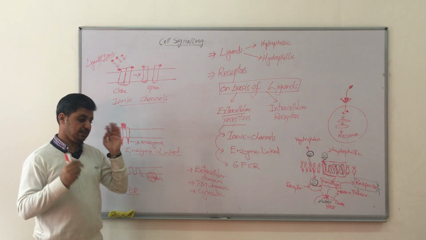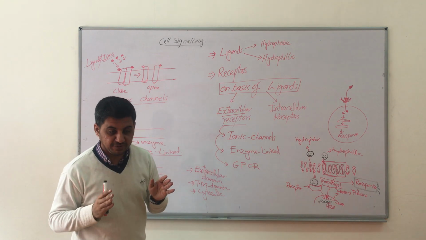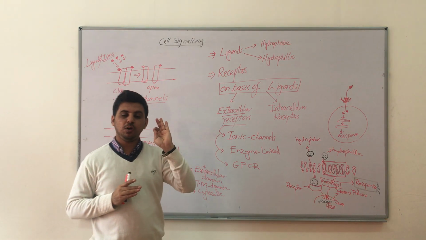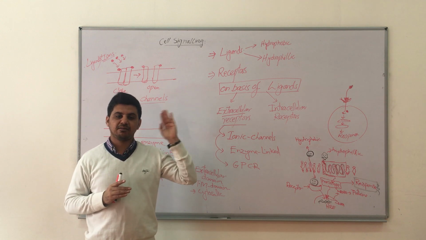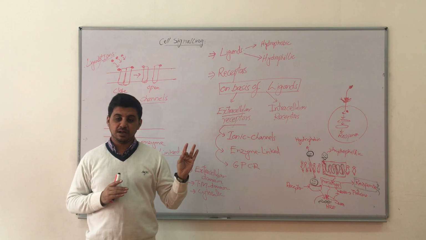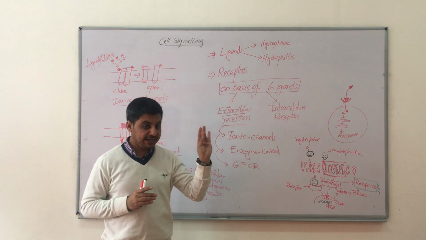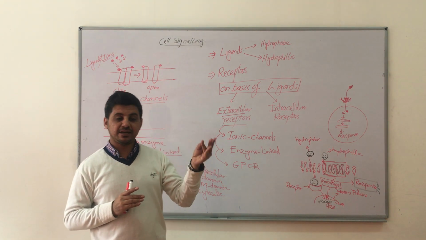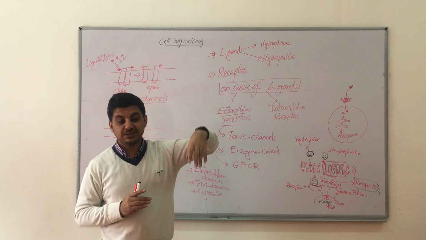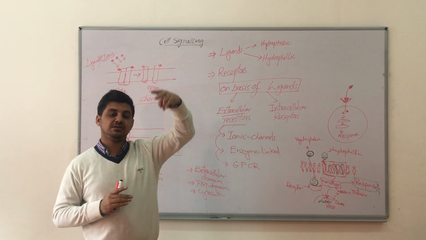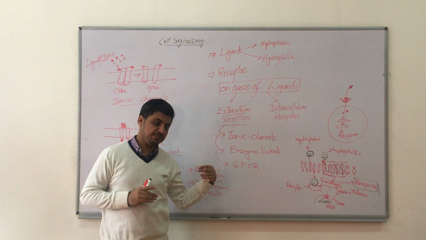For example, I will give you a very brief review. You must know about the types of cell signaling: autocrine, extracrine, paracrine, and then endocrine. After that, you must know about the ligands. Ligands can be hydrophobic or hydrophilic. And then on the basis of these ligands, we have 2 categories of receptors: intracellular receptors and extracellular receptors.